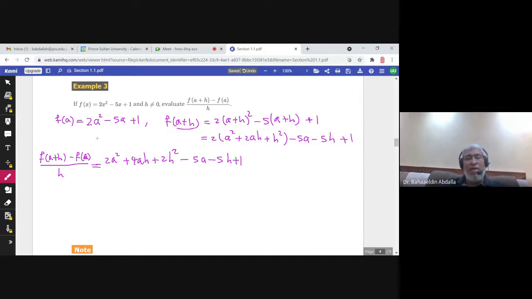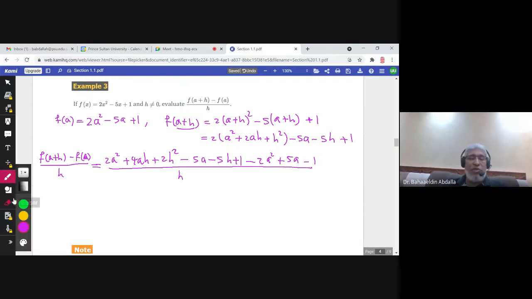And now minus f of a. If you multiply f of a by a negative sign, then the negative sign is multiplied by all three terms. So I will have negative 2a squared, minus times minus would be plus 5a, and multiplying plus 1 by negative, it would be negative 1. All of this over h.